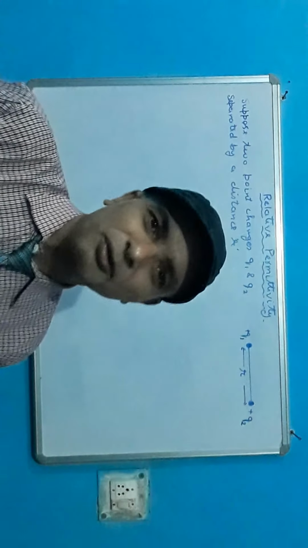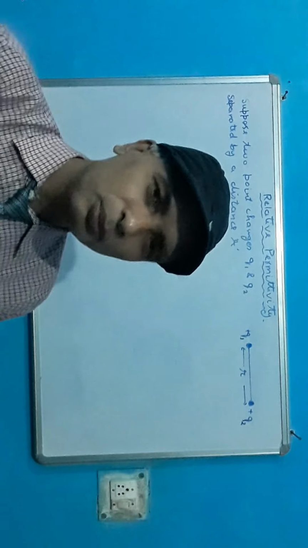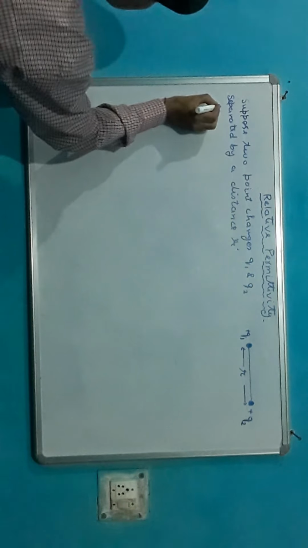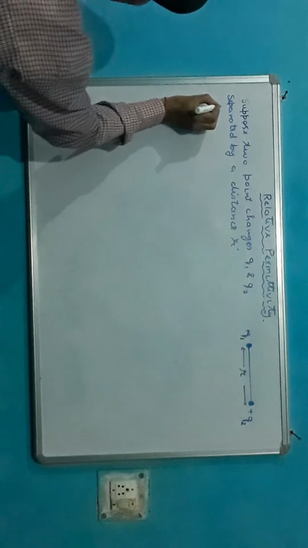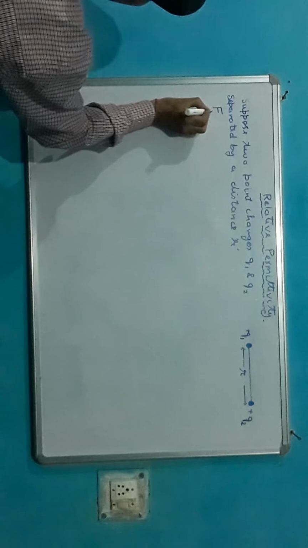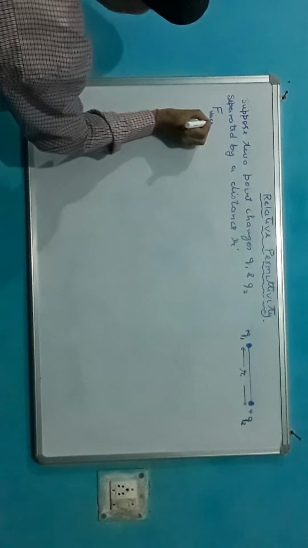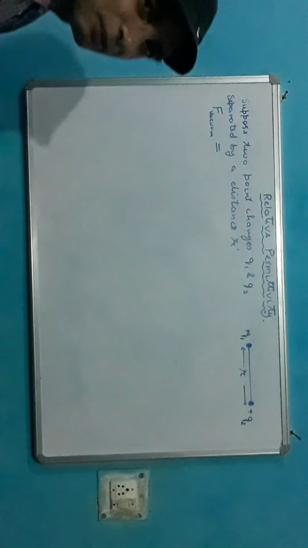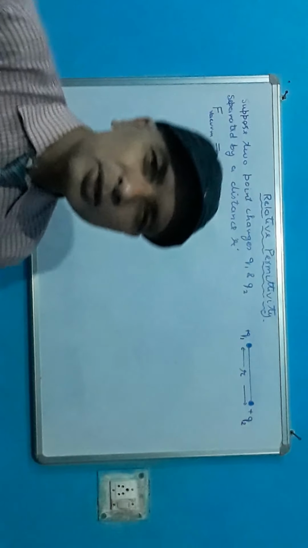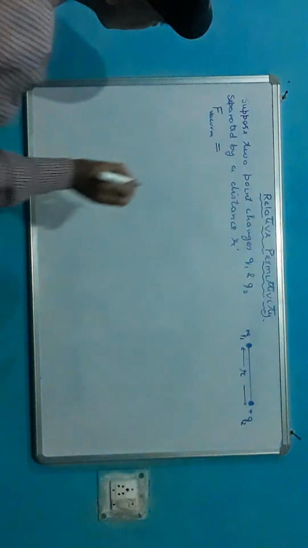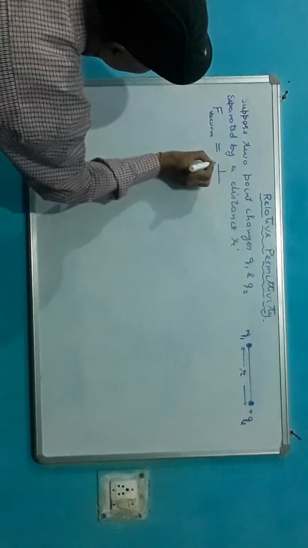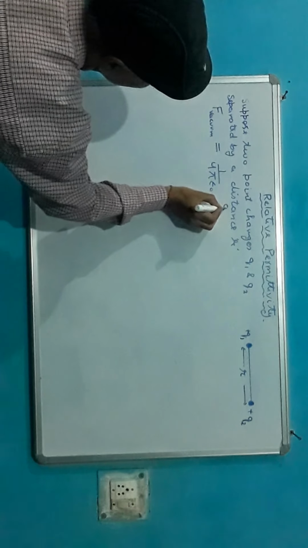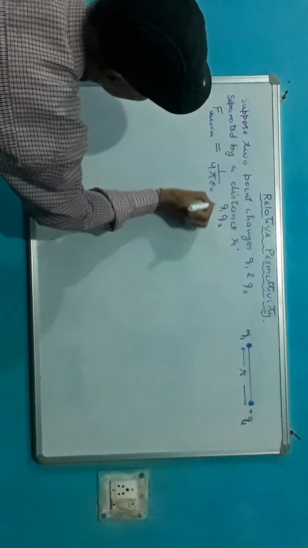The force of interaction between them when they are placed in vacuum, I can write as F vacuum. It means when these two point charges are placed in vacuum, the force of interaction between them is 1 upon 4 pi epsilon naught, Q1 Q2 upon r square.